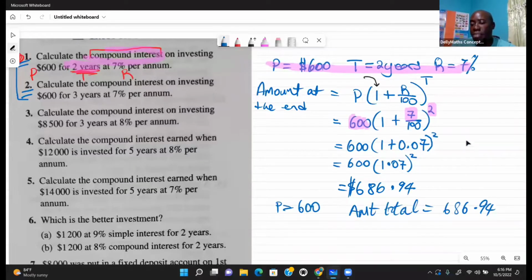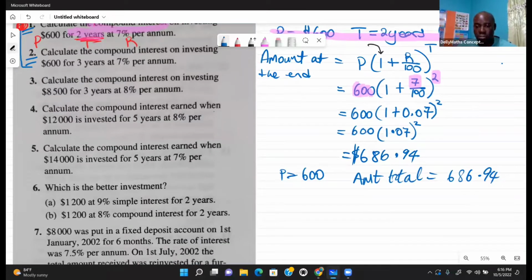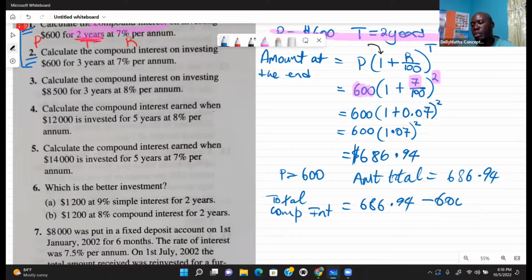If I am going to find the compound interest or any interest per se, look on the principal. It's going to be the amount that I have at the end minus the 600. And you could see that it is $86.94, exactly like what we had from the previous method.